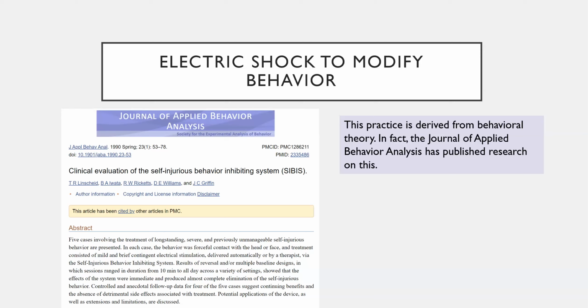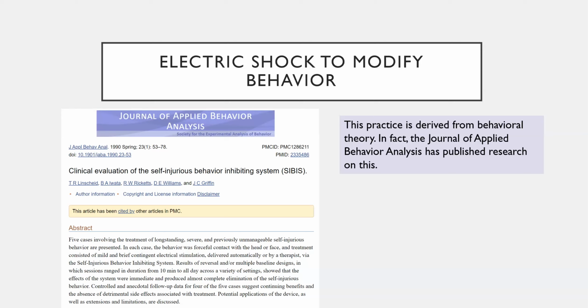As you can see here, this is an article from 1990 talking about the clinical evaluation of the self-injurious behavior inhibiting system. And if you look in the abstract here, it talks about the use of an intervention that used electric shock, and it talked about the outcome, and it talked about it as a device.